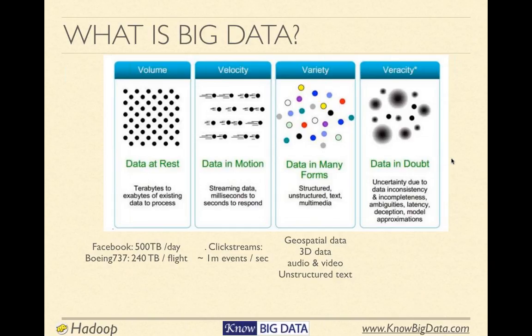Also, another example of velocity could be, say for example, we are having this conference right now. My voice and the video is going to a central point and is being distributed to you. Imagine there were thousands of people in the audience.